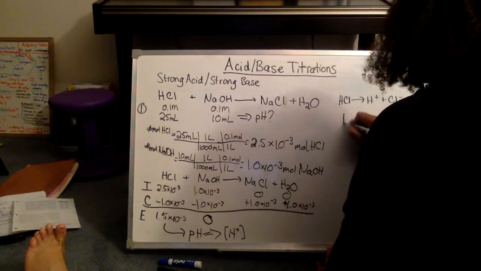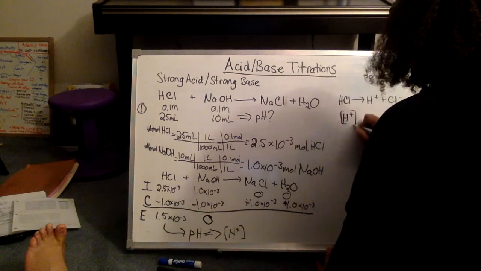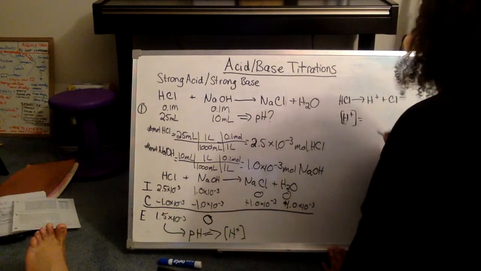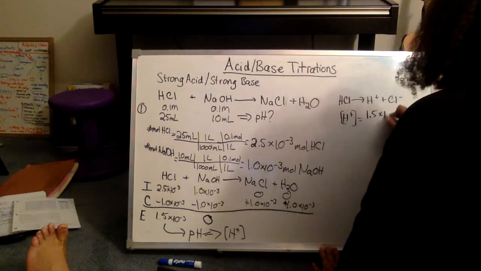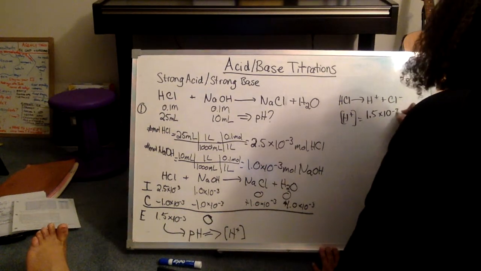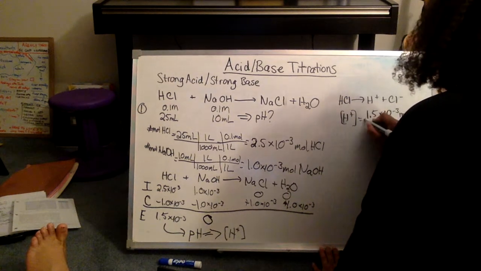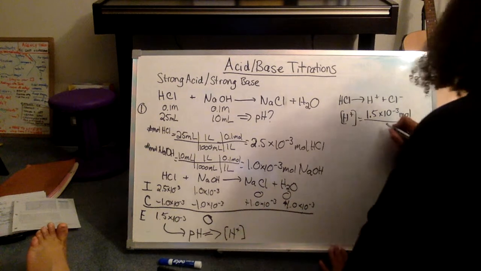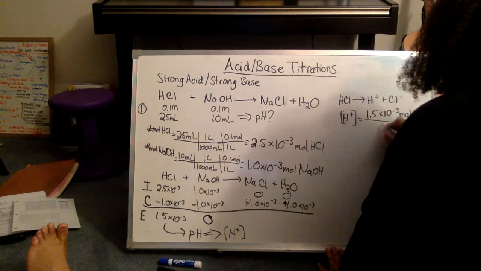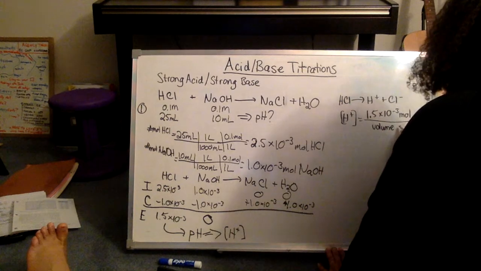So the H plus concentration is going to be these 1.5 times 10 to the minus 3 moles, over some volume of water.